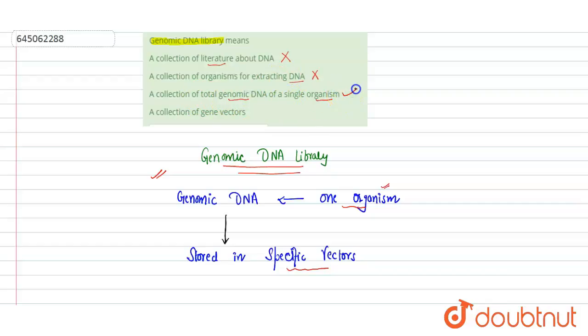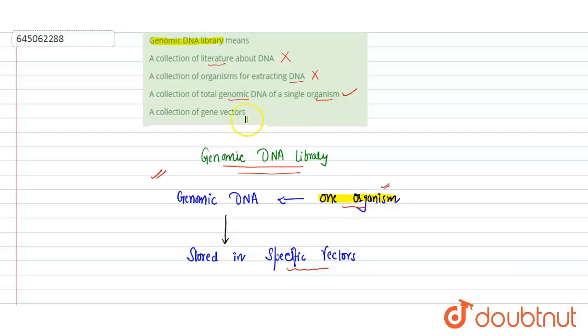This is very correct. I am again and again emphasizing the fact that a genomic DNA library is specific for a single organism. Different organisms have different genomic DNA. Although the majority of their DNA is the same, there are still 0.1%, 0.01% chances of differences. So each and every individual, specifically when making the library, is a single organism.